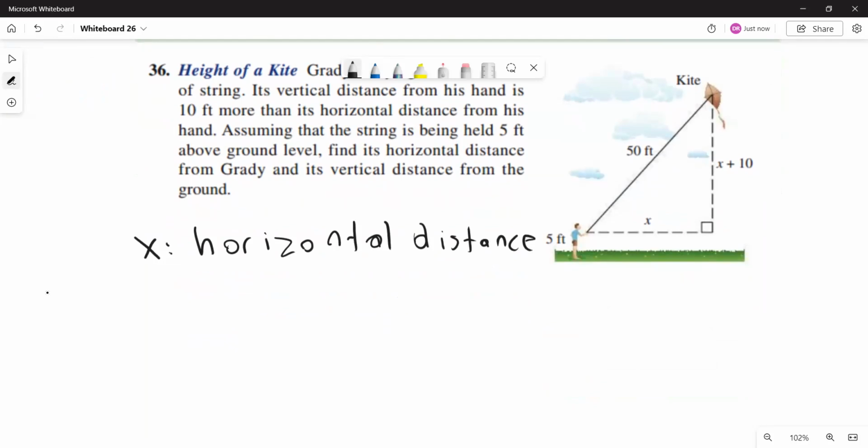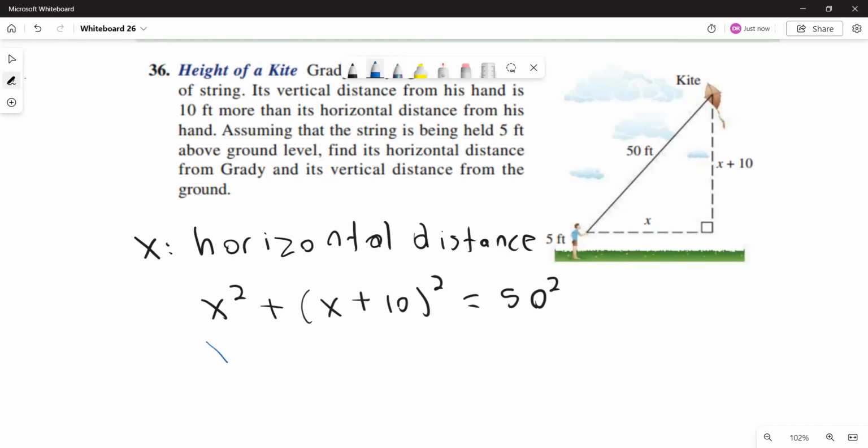The Pythagorean theorem says that X squared plus (X plus 10) squared is equal to 50 squared. Okay, we're going to solve this equation for X. First, we need to square X plus 10 and 50.